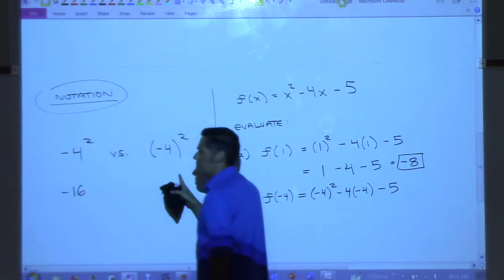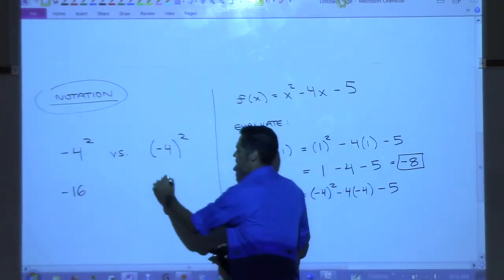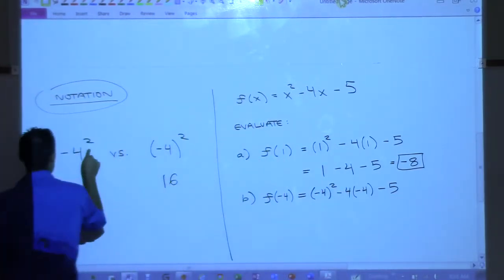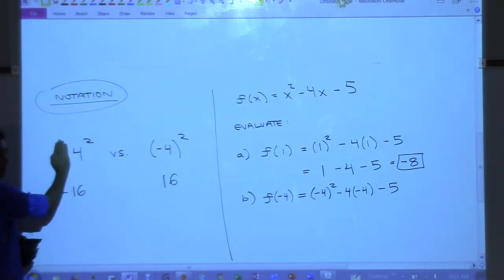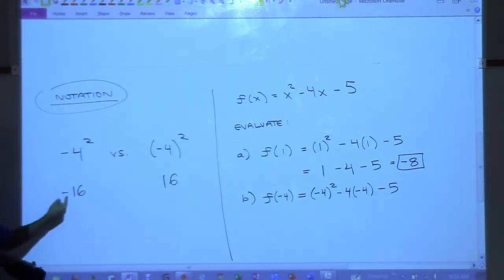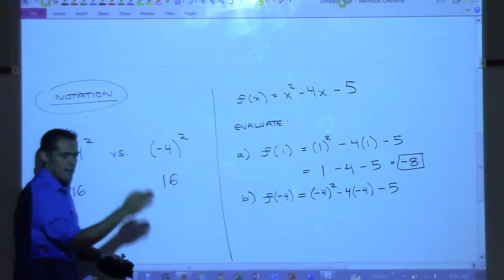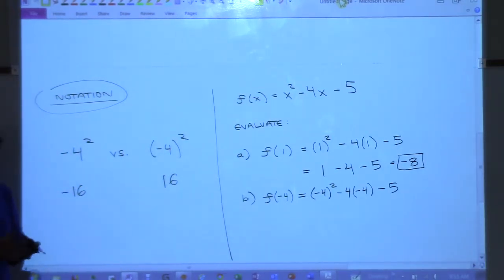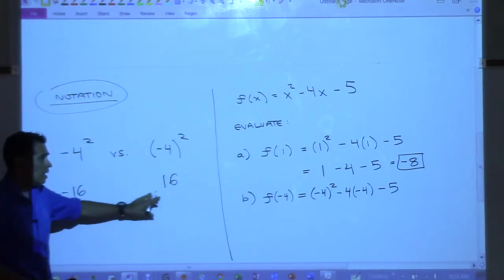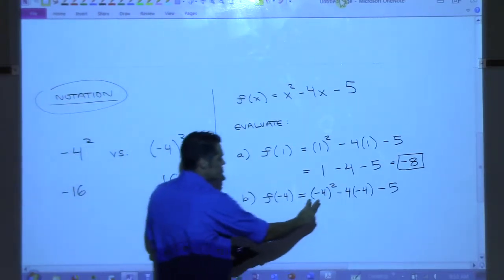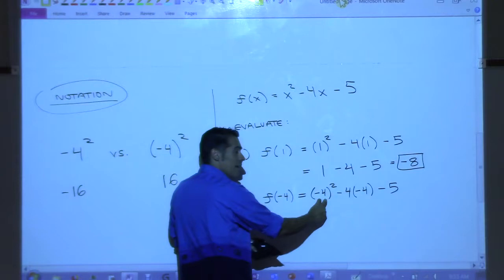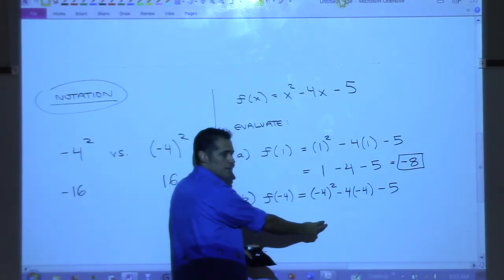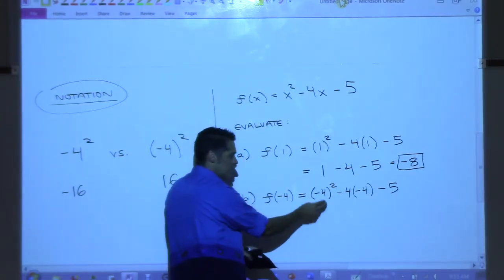What's the answer on the right side? Positive 16. This means square 4, so you get 16, and then make it negative. This means negative 4 times negative 4. So when you multiply two negatives together, you get a positive. So these are very different expressions. And if you don't put this in parentheses, you might actually make that a negative 16 that's not. All right? So be careful with that.